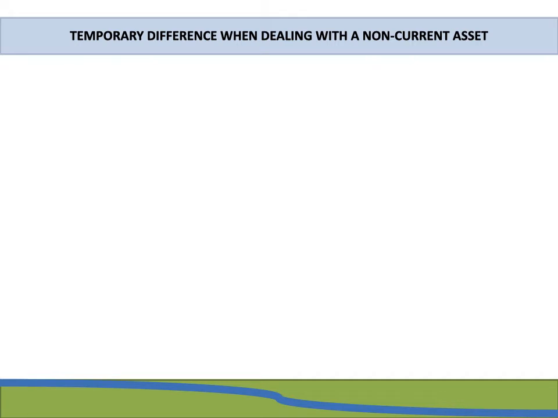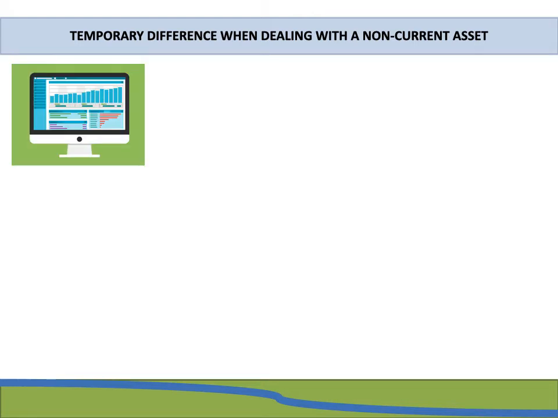So let's work through a very quick example just to illustrate how the tax base is calculated as well as to show you what it actually is. Now, let's assume that there is this company who has purchased a new computer on the 1st of March 2019 for a cost price of 24,000 Rand.